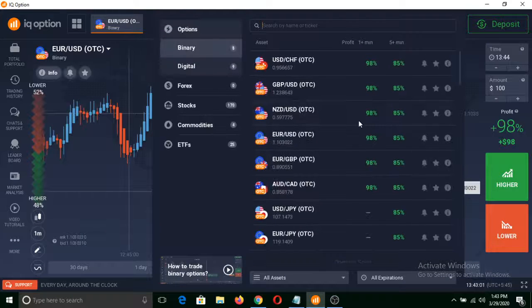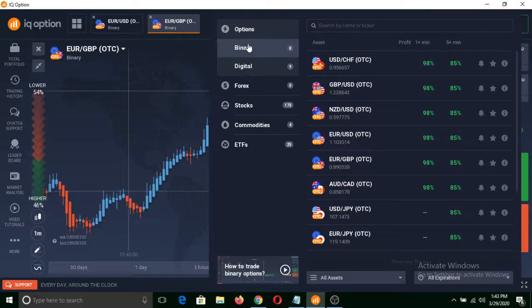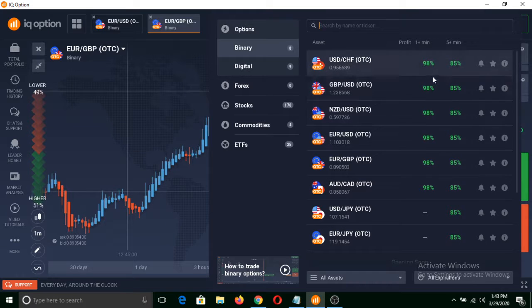Now if you want to select any other currency pair to trade binary options, you can simply go to here, click on binary and select any asset, and you can see in 1 minute they provide you a profit of 98%. In all of these assets you will get a 98% profit, but it keeps on changing from time to time. So sometimes it becomes 65%, sometimes it can become 100%, sometimes it can become 88%. So it keeps on changing, but that doesn't matter.